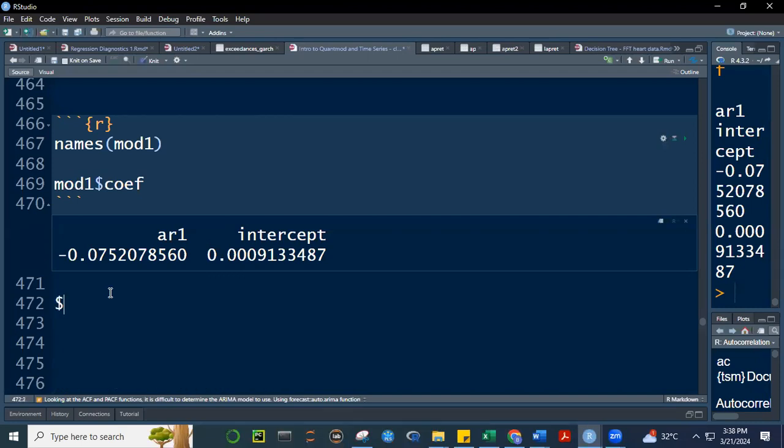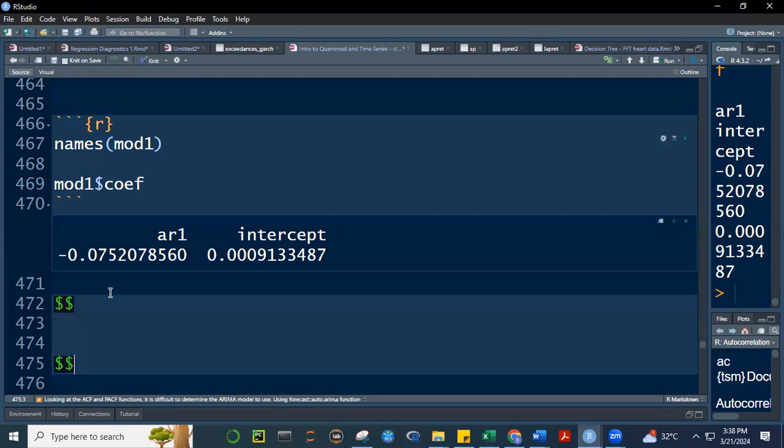Now let's write it in LaTeX. Our model is LAP ret at time t. This is a time series, equal to this, our intercept. Control C, this is our mean. And then this is the AR1 component. Control C, Control V. Now recall, class, the AR1 component is a regression based on its past values.